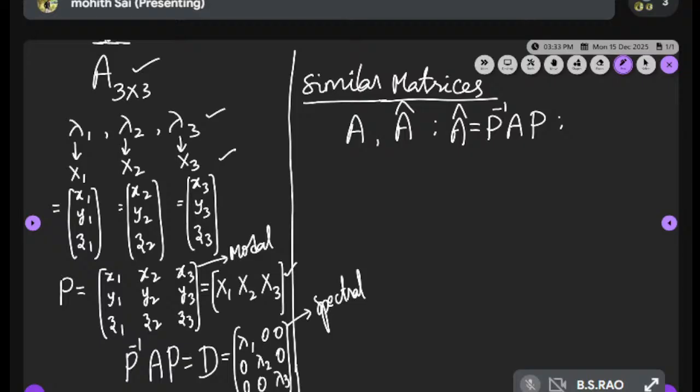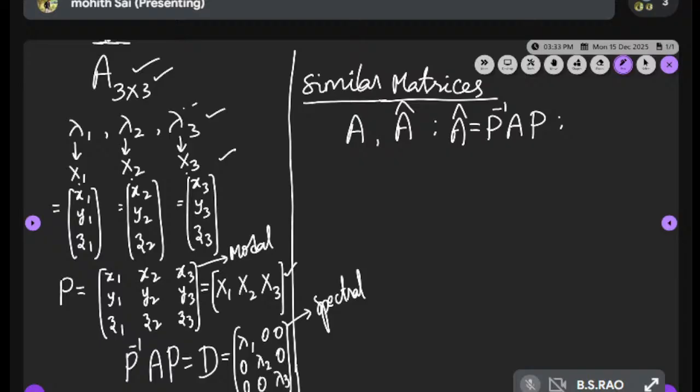P is model matrix, obtained by eigenvectors of the given matrix. Okay.